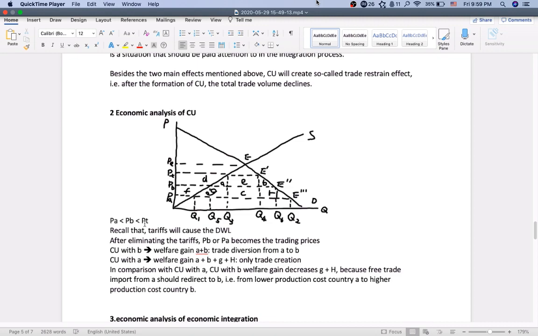And at the same time, the country B is excluded from trade due to the high cost. If the country forms a customs union with the country B, there will be no tariff between the two countries. And the country A will be excluded from the trade.